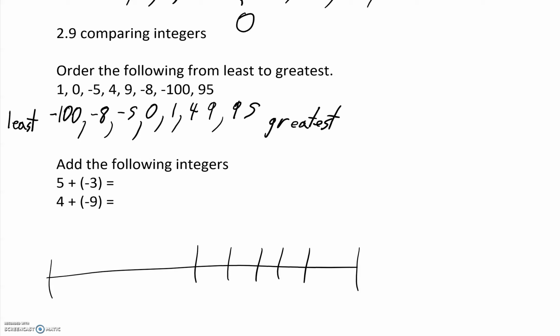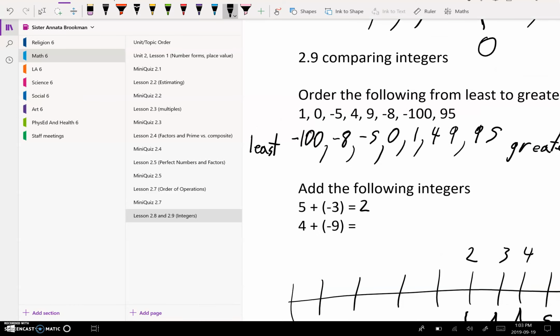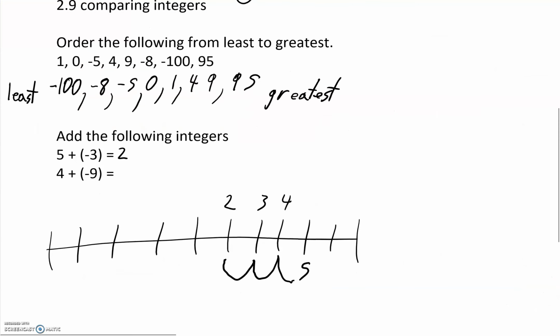So we're at 5 here. And then if it says adding a negative 3, we're going down by 3. So this would have been 4, 3, 2. So this answer is 2. Mr. Buena, you have a cold. So this one would be 2.